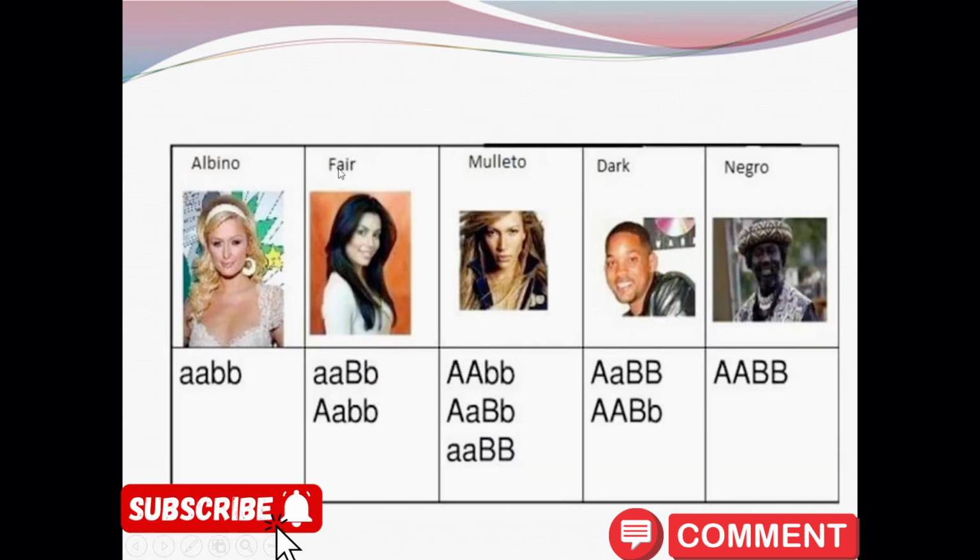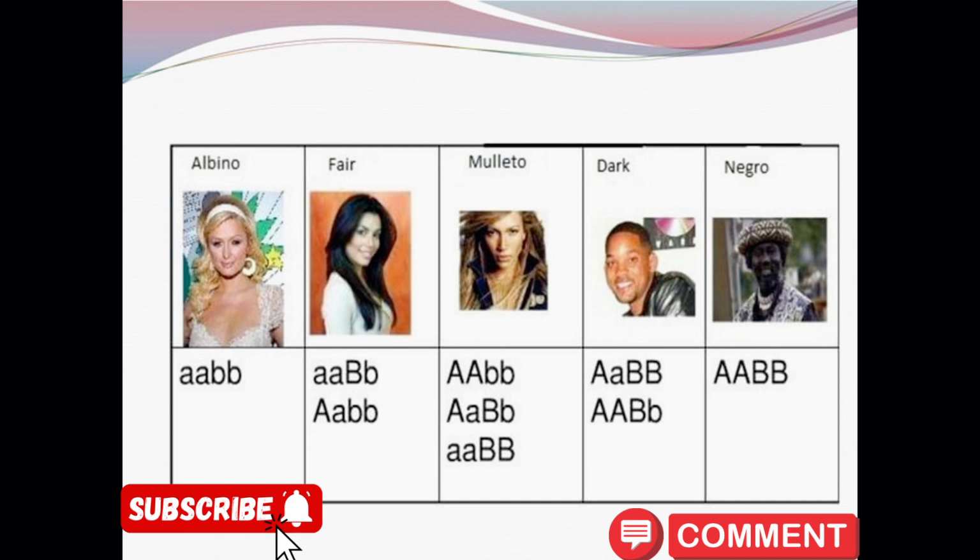A person having no dominant alleles is albino. Having one dominant allele, the color will be fair. Where two dominant genes are present, it is known as mulatto. Where three dominant genes are present, it is known as dark. And when all dominant genes are present, the color will be Negro.